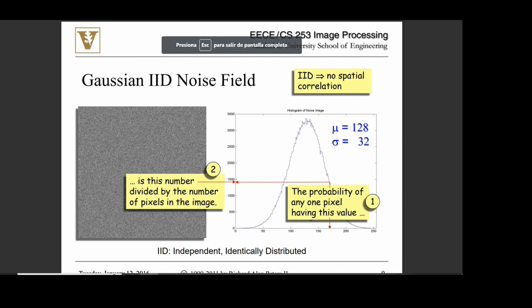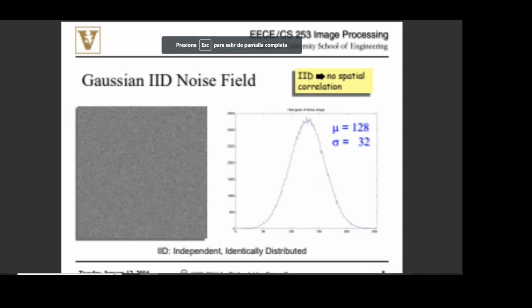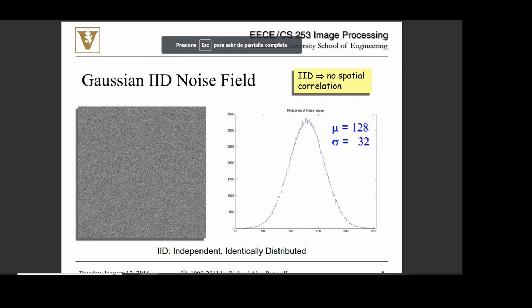This histogram is not normalized. You normalize by the number of pixels, so you divide this by the number of pixels. This would tell you the probability that if I take a value at random in this image, I have a value of 150, and that would be the probability.